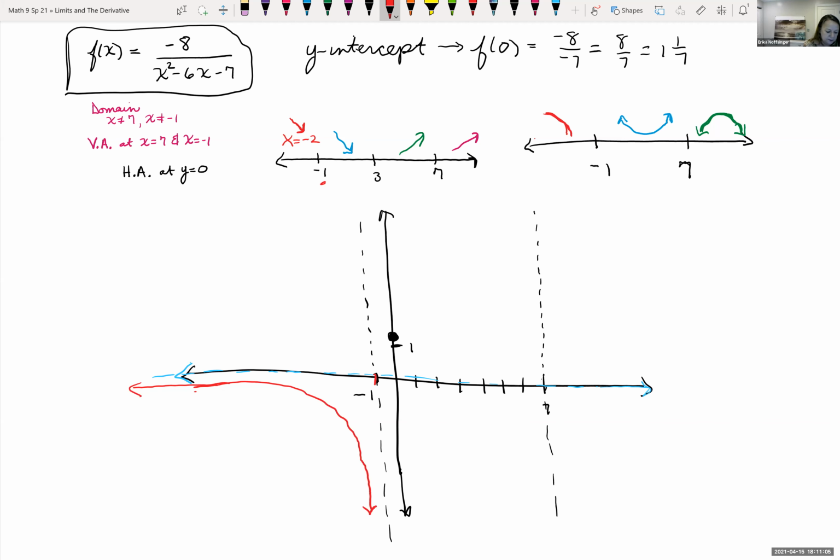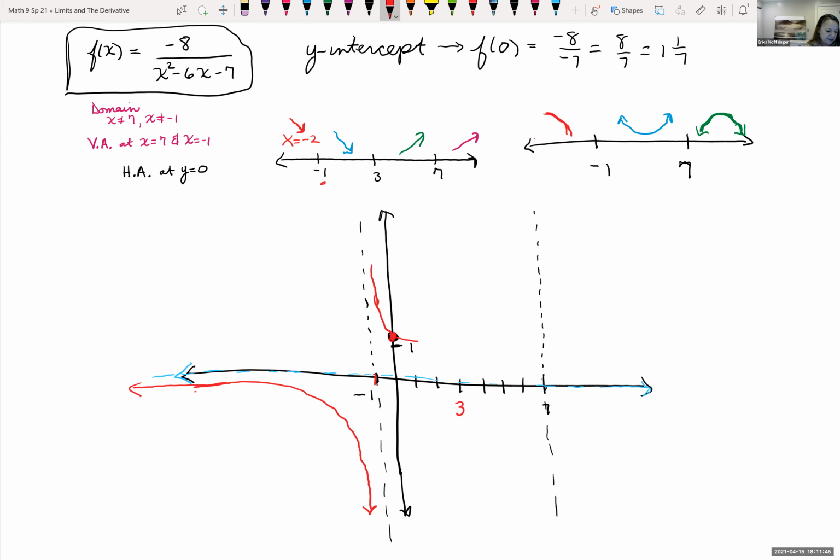I know where this piece is. I know that it's decreasing and then increasing at 3. And it's concave up. So it's decreasing, concave up. Then at 3, we're going to increase. So notice that 3 was not an asymptote.